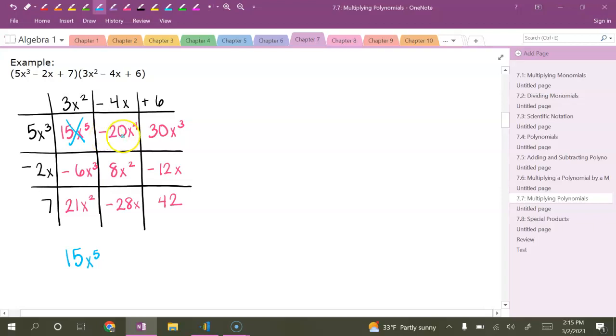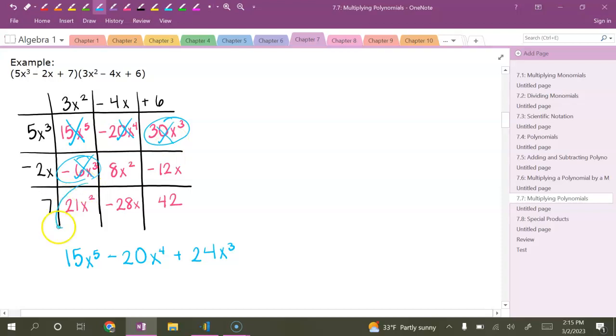Then we're going to look at that negative 20x to the 4th, and that's going to come down as well, because there's no other x to the 4ths. Now, my x to the thirds, I have the negative 6 here, and I have 30 there. Together, those are going to be 24x to the third.